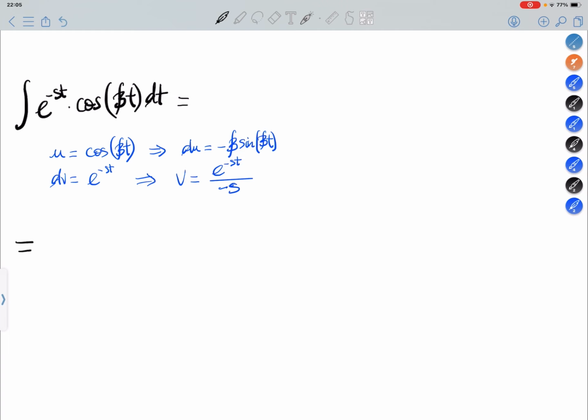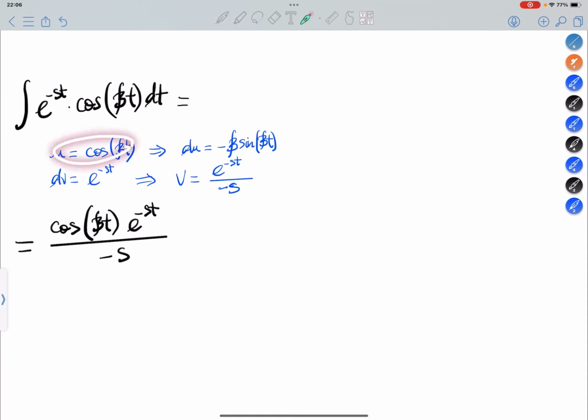That gives uv, so cosine of beta t times e to the power minus st over minus s, and then minus the integral of v du. We have v, which is e to the power minus st over minus s, and du, so we multiply them.